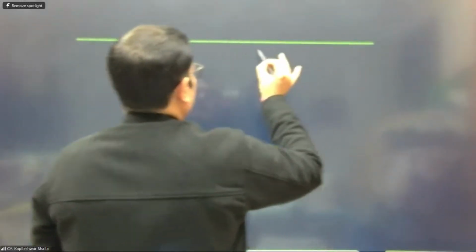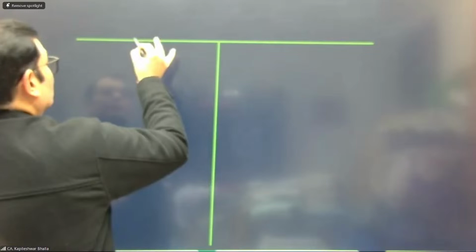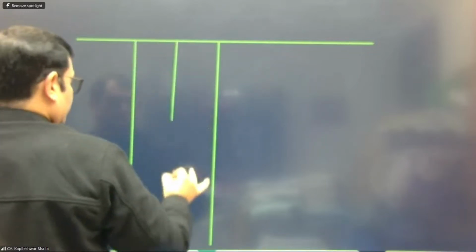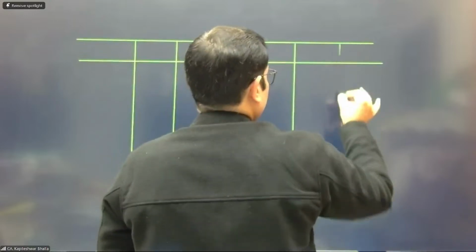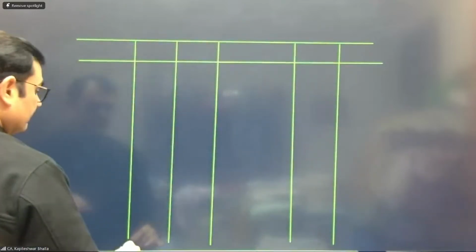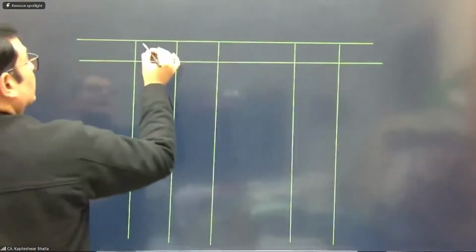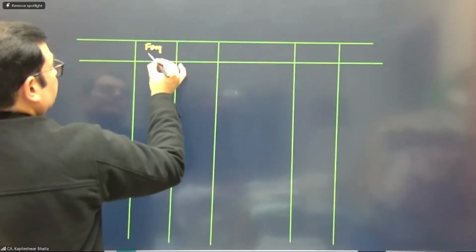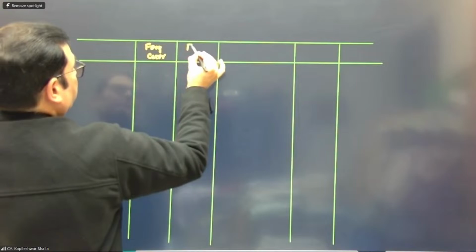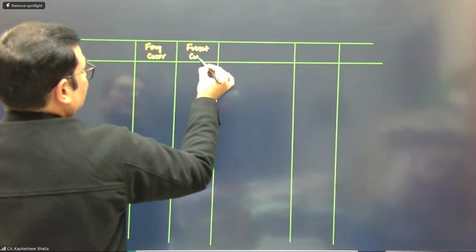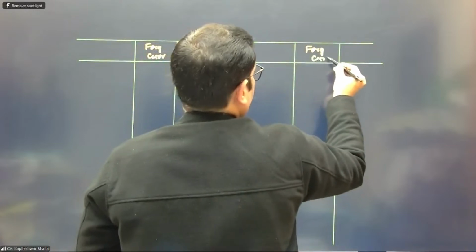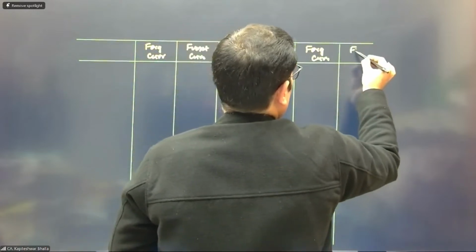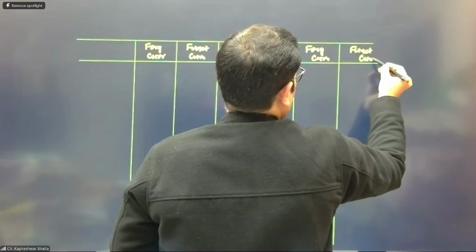Let's see how. So I'm just going to create a ledger account for the purpose of accounting. And I am going to consider two columns. One is for the foreign currency and one is for the functional currency, so that we can clearly see the track in terms of recording. So in this particular case, I am putting foreign currency as one column and I'm putting the functional currency as another column. Here also on the credit side, the foreign currency, and I'm putting the functional currency on the credit side.